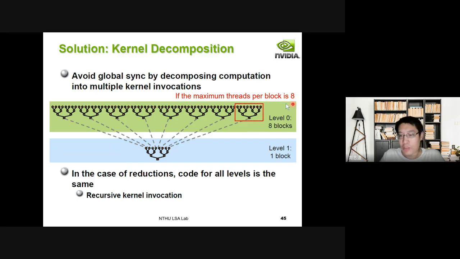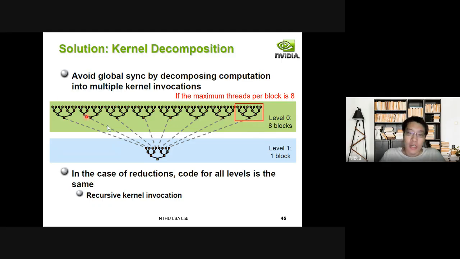For example, if every block can have at most 8 threads, then the kernel we launch can only assign a number to every thread. As you can see over here, we can only process until the 3rd level, because we cannot have any synchronization between the thread blocks.